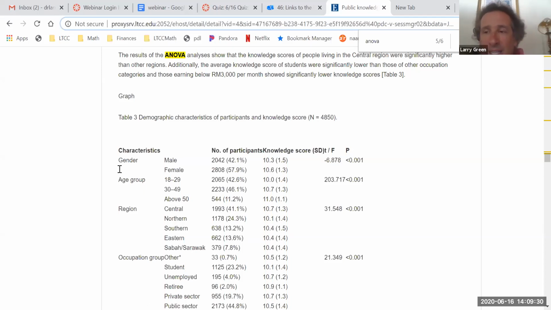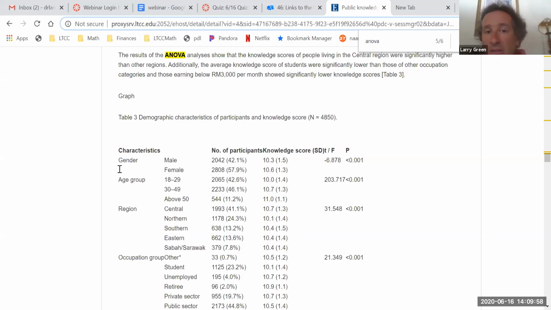ANOVA is a test that's only used by researchers. You're not going to see it in just general news articles. You're going to see it in research papers, but it's used a lot in research papers. Maybe more than half of all research papers that do statistics will use ANOVA. That's how common it is.